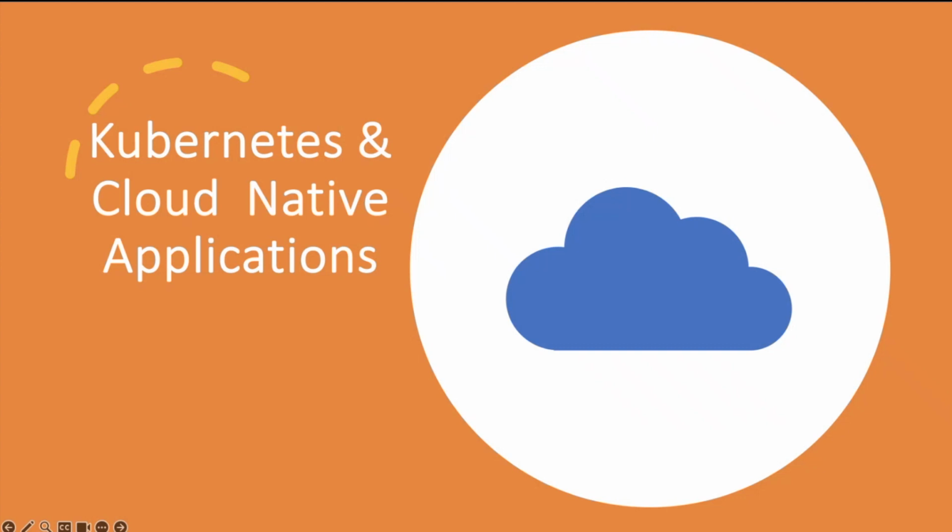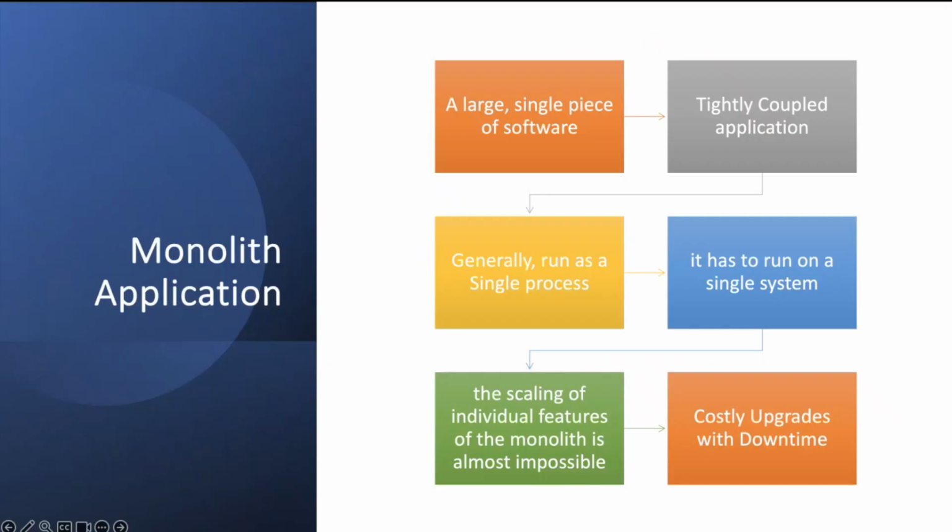So with that, let's first start with the monolithic application and try to understand what exactly it is. So what is a monolith application? A monolith application, you can think of as a big giant application which may or may not be multi-threaded. But the point is, a monolithic application would be running as a single process.